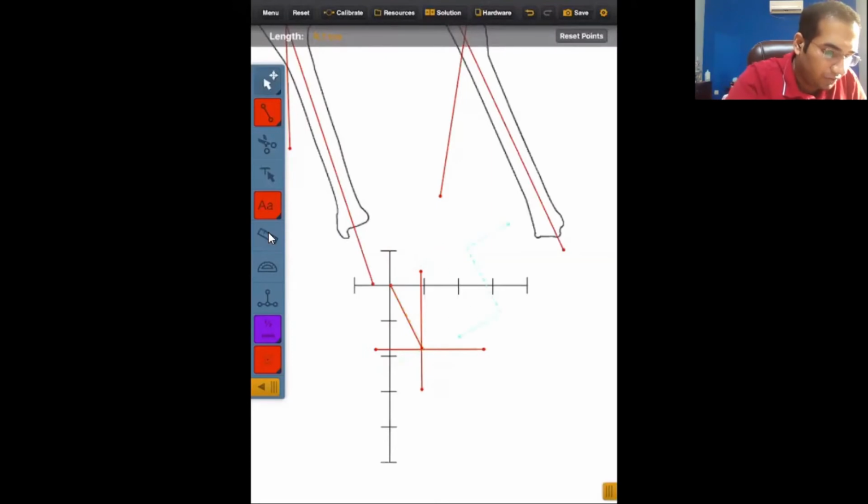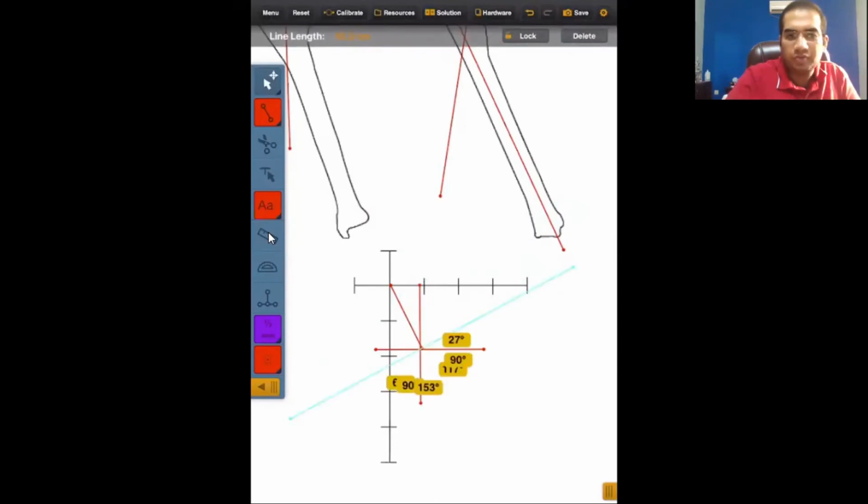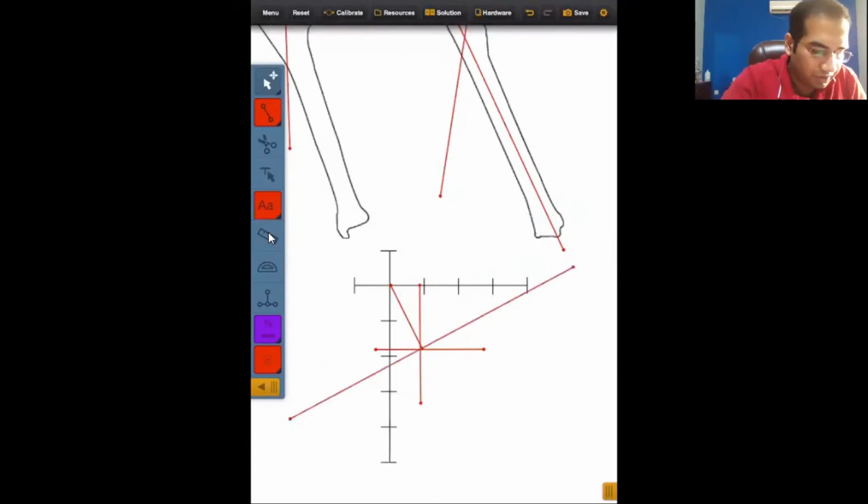And again, what we are going to do is mark a 90-degree line. Exact 90-degree line to this point. And this point is going to give me the location.